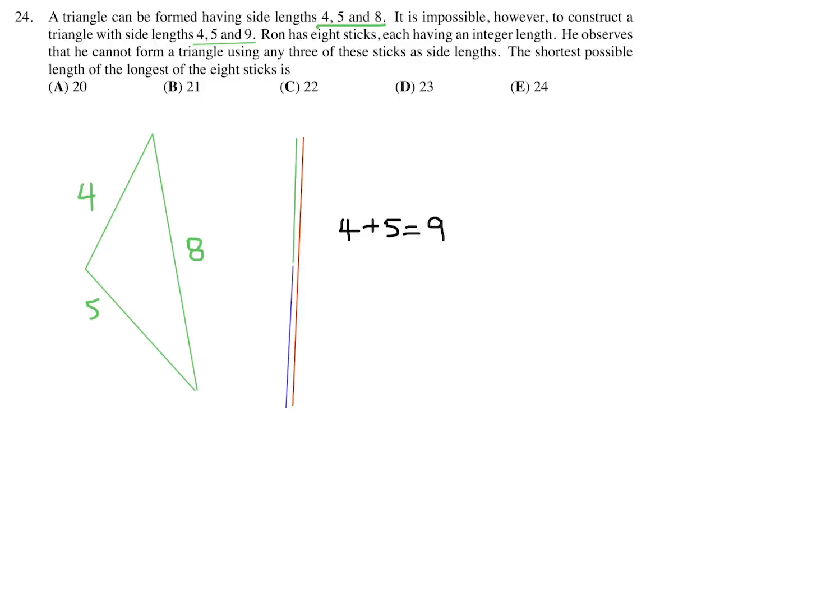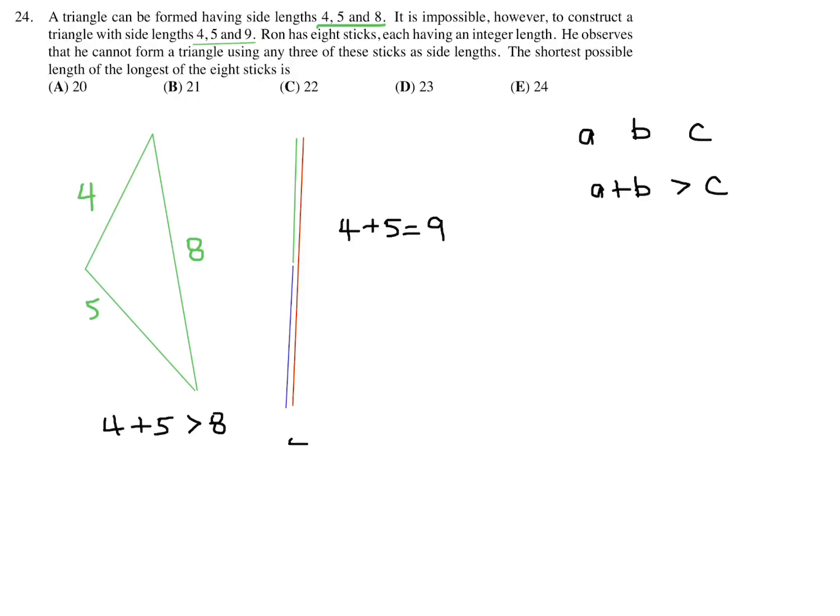So as you can see, it's impossible to make a triangle because if you have a triangle with 3 sides, A, B, C, A plus B must be greater than C. In this scenario, 4 plus 5 is greater than 8, so you can make a triangle.